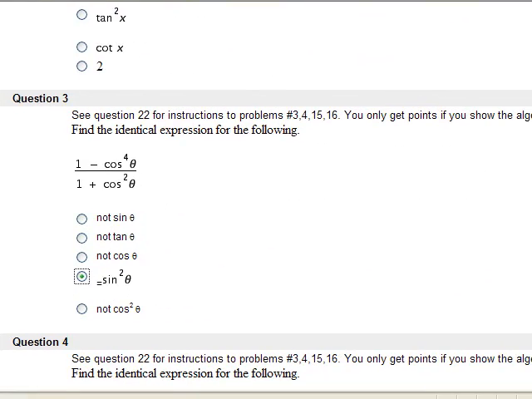So that one is going to be 1 minus cosine to the fourth divided by 1 plus cosine squared theta equals apparently sine squared theta. Okay, and then I'm going to open this one here.